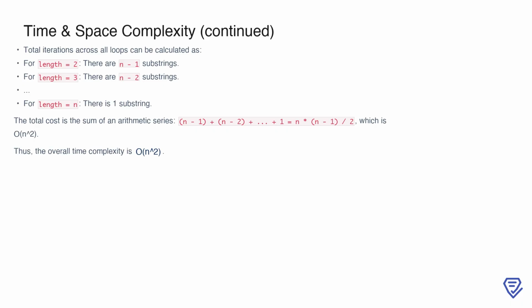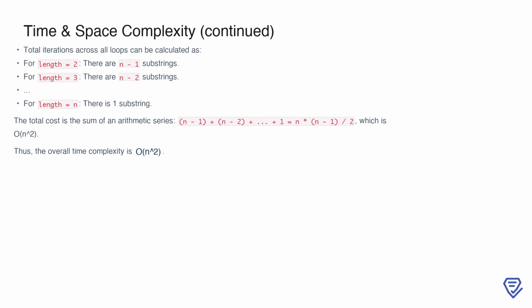This sum evaluates to n² in terms of time complexity. Therefore, combining the initialization of the dp table and the process of filling it, the overall time complexity of the algorithm is n². This quadratic complexity is a significant improvement compared to a brute force approach, as we will discuss shortly.